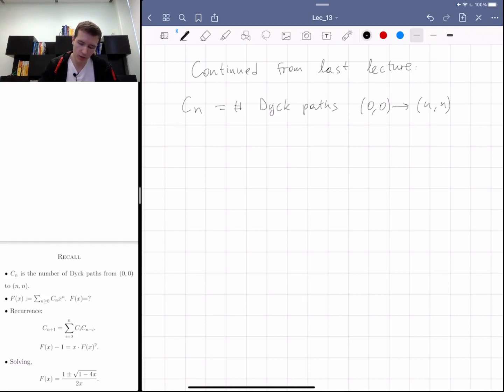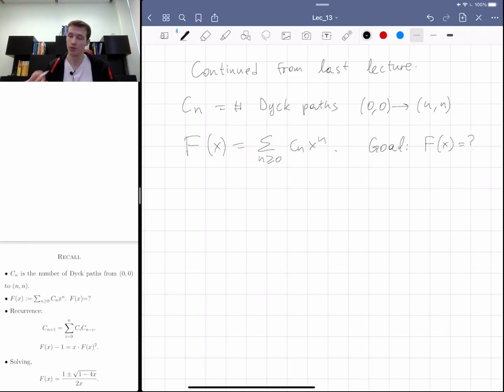And I was trying to figure out a formula for the ordinary generating function for the Catalan numbers. So that's the goal, to find a closed formula for f of x.